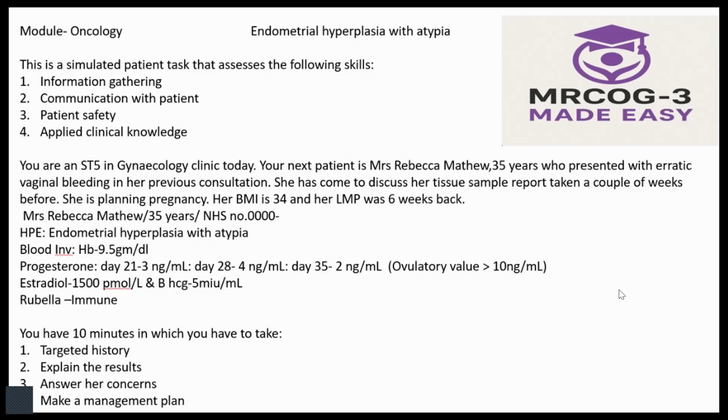But here the thickness is more, so they have taken a tissue sample. And second, you presented with irregular bleeding, so that is why they suspected abnormality. They have sent the sample for testing under the microscope, and the report has come.